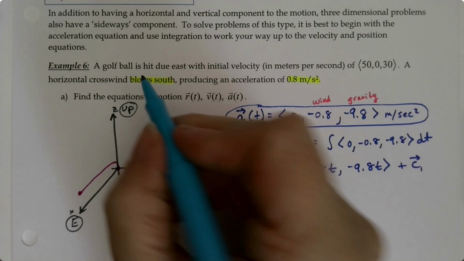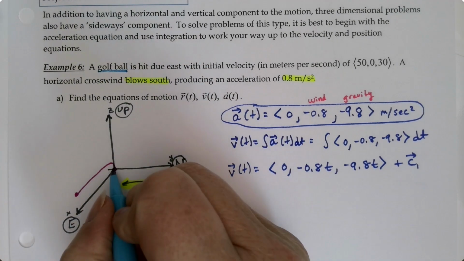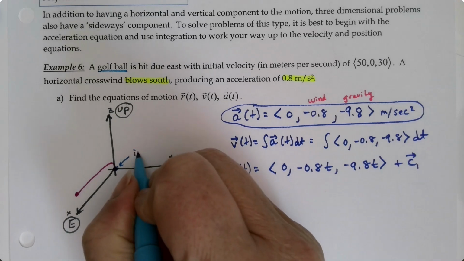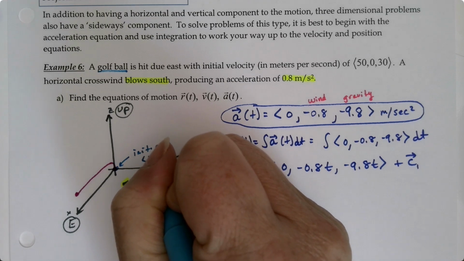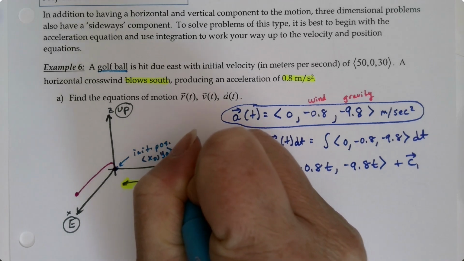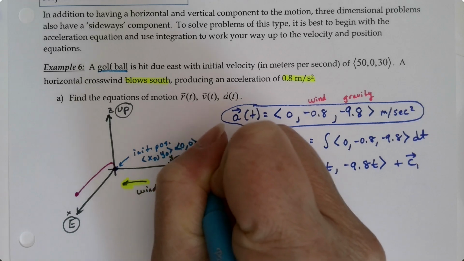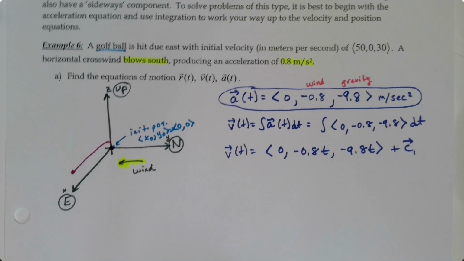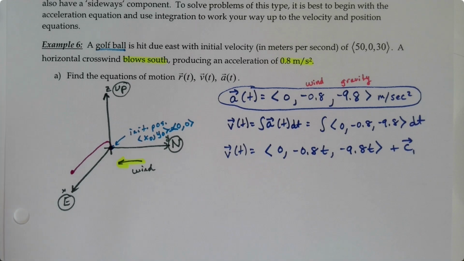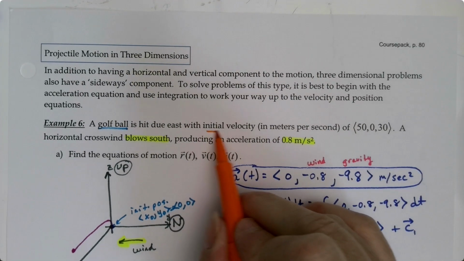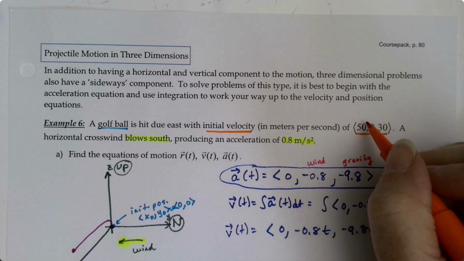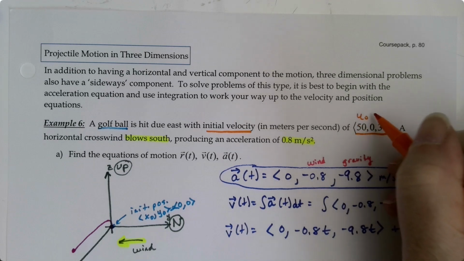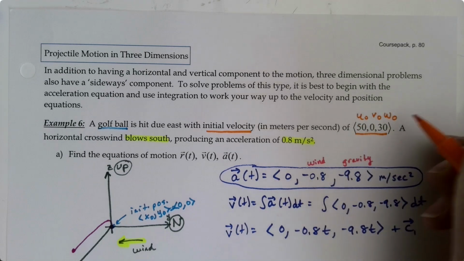Okay, because it's a golf ball, so golf balls in general are hit from the ground. So the initial position, if you remember, is x0, y0, z0 equals 0, 0, 0. Let's write that. Now, what about the initial velocity? Well, the initial velocity is right here. They tell us the initial velocity right here. So we have it. This is u0, v0, w0.